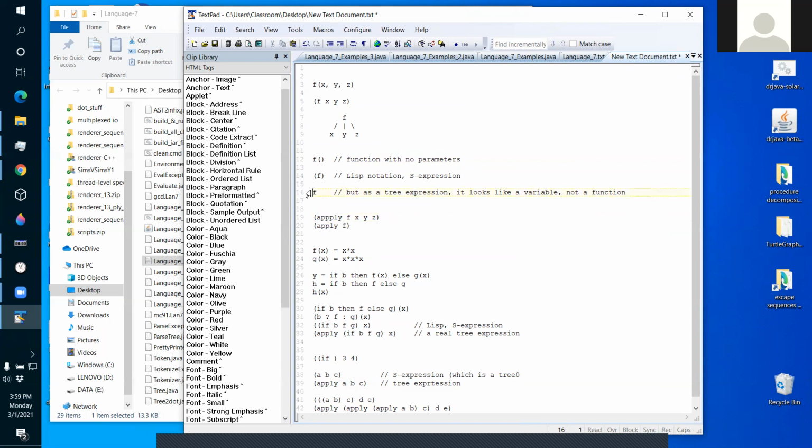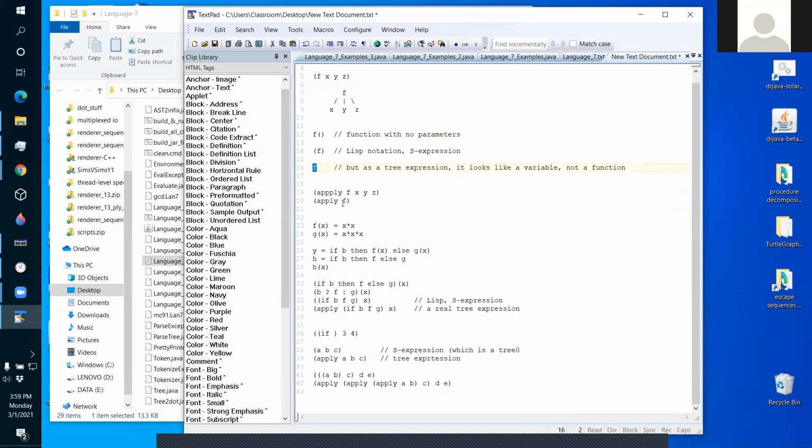But what I really want is this more modern notation where you could have an expression that returns a function, and then you have to call the result of the expression that returned a function, okay? It's not an especially sophisticated thing, being able to call the result of an expression. Having an expression return a function can be done in C. It's not considered all that deep a thing to do.